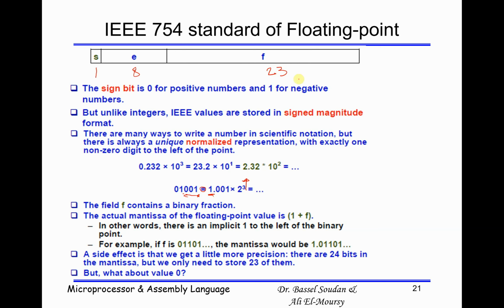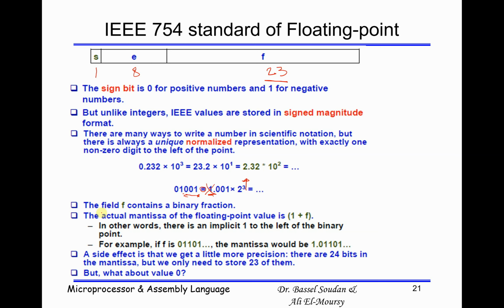So if the number is 24 bits, I already saved 1 bit through this normalization. So the normalization for the IEEE 754 standard is 1 point something, and this leading 1 is omitted from the floating point representation. However, if I need to retrieve the number back, I have to restore this 1.